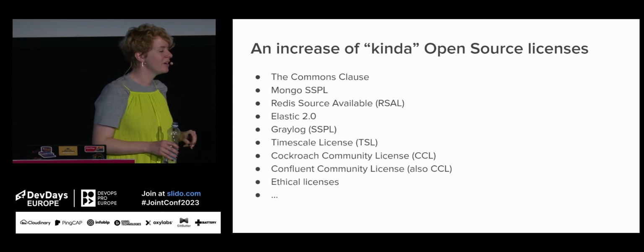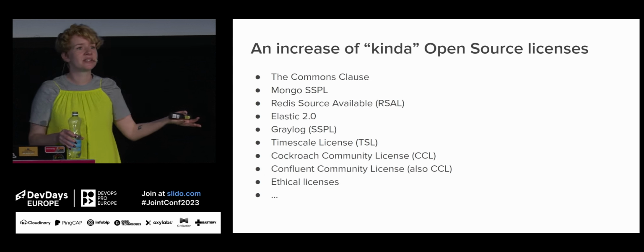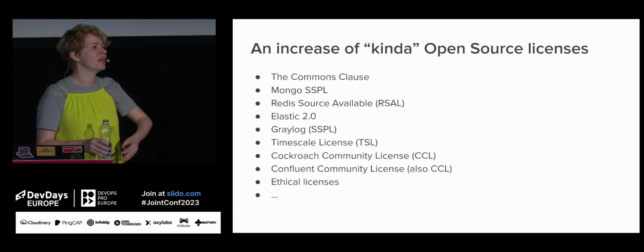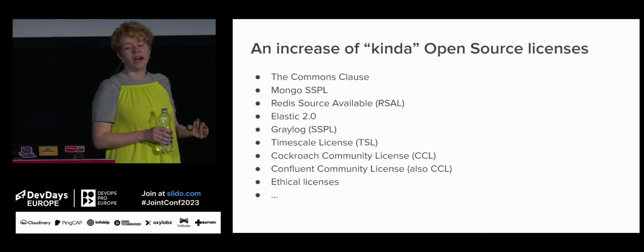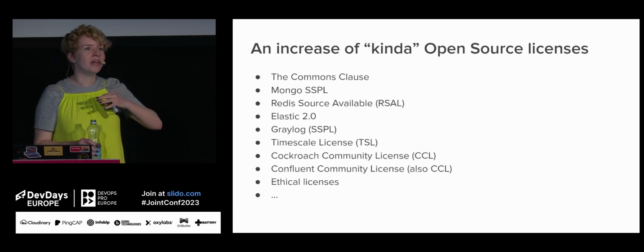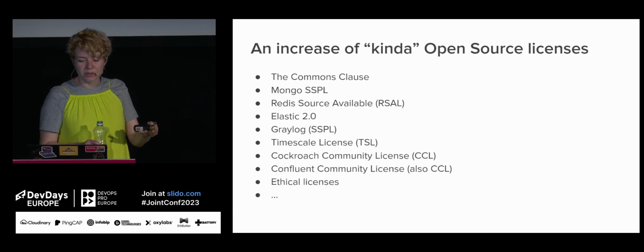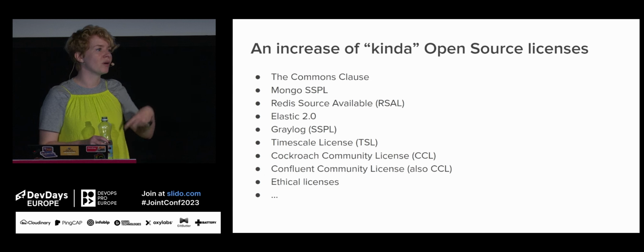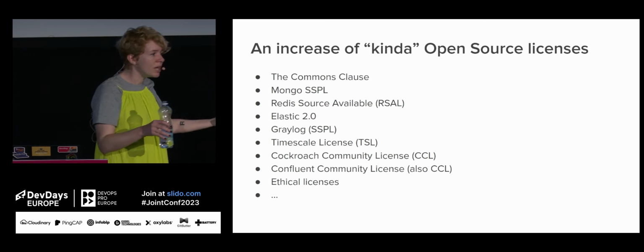So there's a bunch of other licenses, like, for instance, the timescale license, which basically says no timescale as a service and no forking. There is the Confluent Community license, which says you can totally use and modify, distribute, unless that would compete with our business, which again could also be a moving goalpost because their business could change.